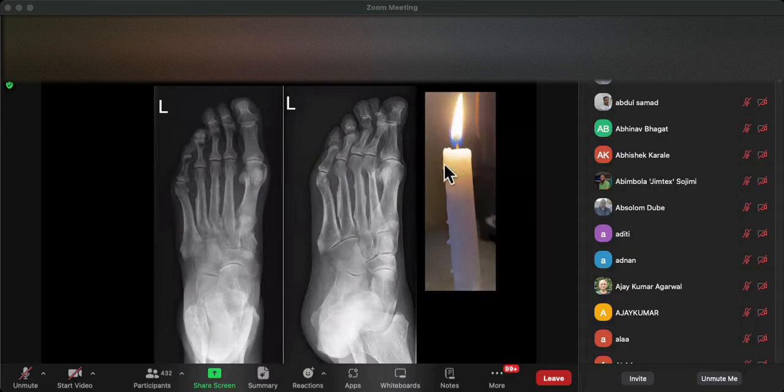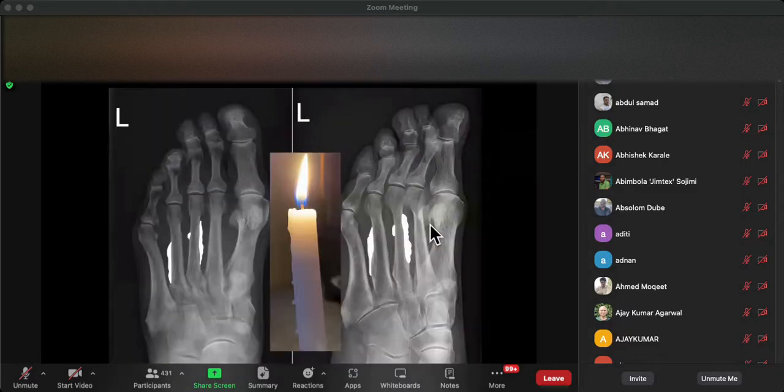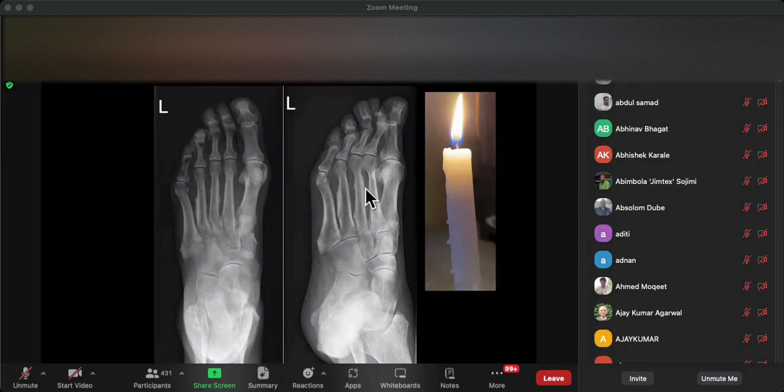That's my own candle, and I took that myself. I never take photos from the internet if I can get them myself. So I lit the candle and I did it all for medical education. And there's the candle wax. There you go, just the melorheostosis.